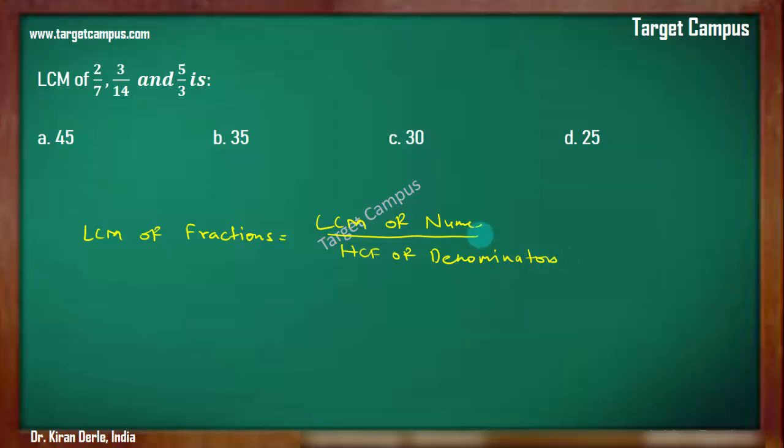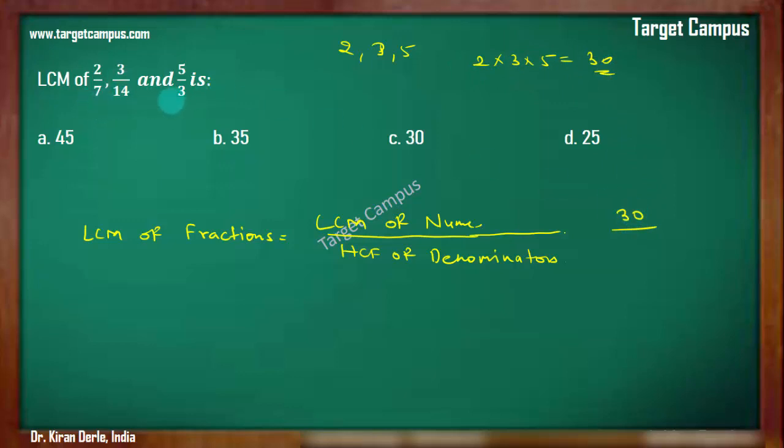So the LCM of numerators 2, 3 and 5, what is the LCM? It's 30. Nothing is common among all the three, so the LCM will simply be the multiplication of them, right? I hope you are getting this point.